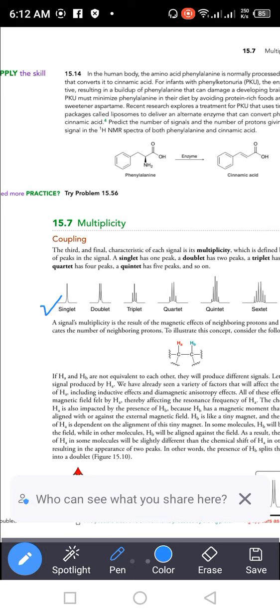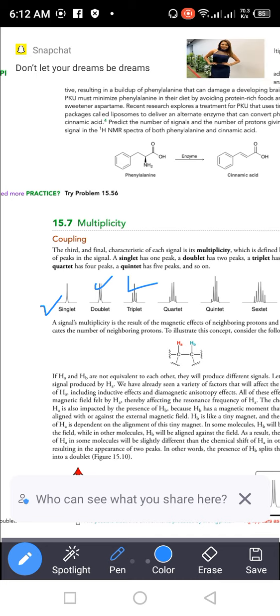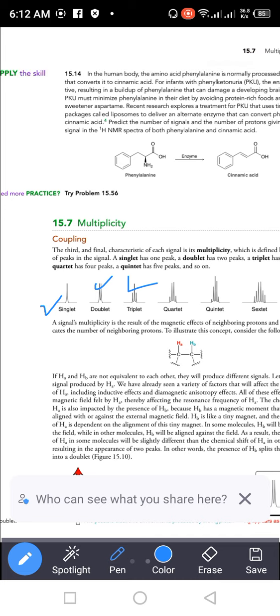A signal having two peaks is called a doublet. A signal having three peaks is called a triplet, and four peaks is called a quartet. Five peaks in a signal is called a quintet. Six peaks is called a sextet, and seven peaks is called a septet. Sometimes sextet and septet peaks in a signal are represented by multiplet. Just write multiplet. So these are the peaks.